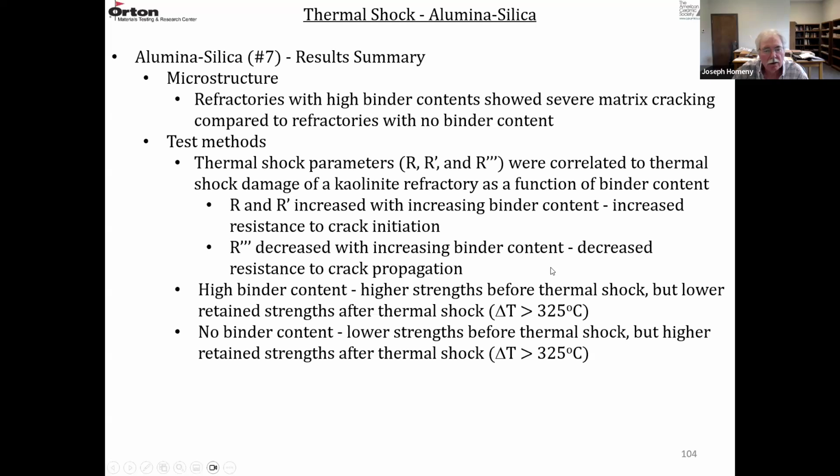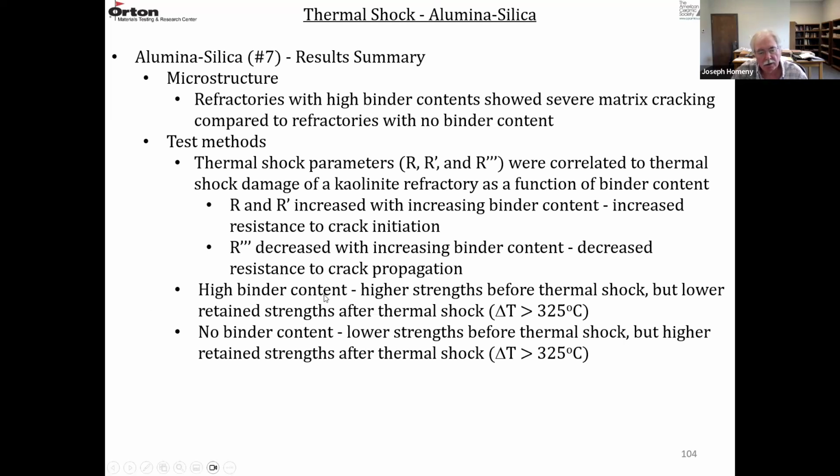So as the binder content went up, it was harder to start a crack, but it was easier to propagate a crack. So without a binder, it had the highest resistance to crack propagation and the lowest resistance to crack initiation. And that's pretty typical of a material that would have better thermal shock resistance.